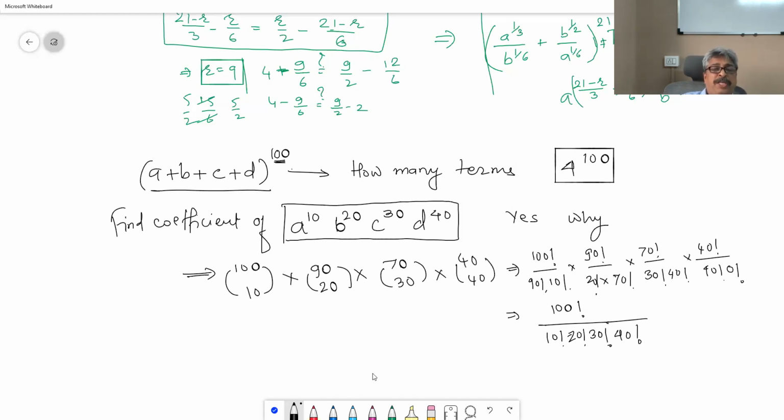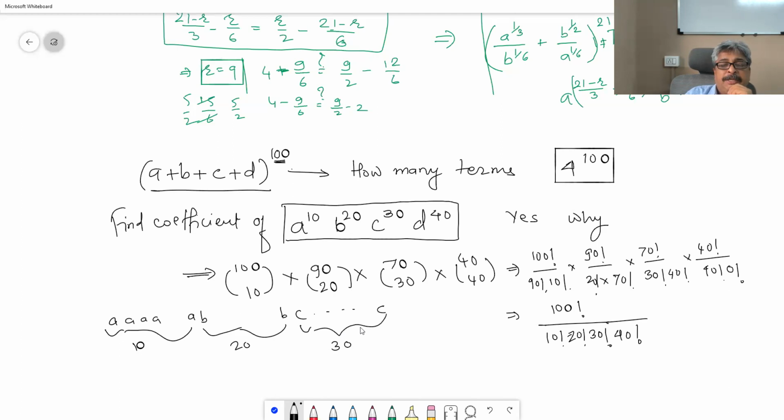Another way of explaining is, suppose you choose a from the first 10 brackets, b from the next 20 brackets, c from the next 30 brackets, and d from the last 40 brackets. You will get this required term.